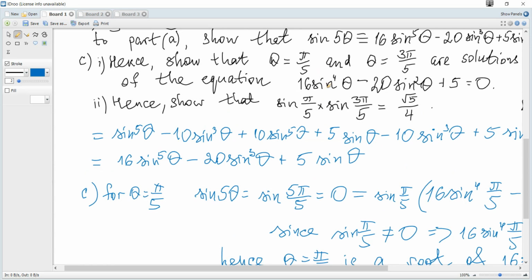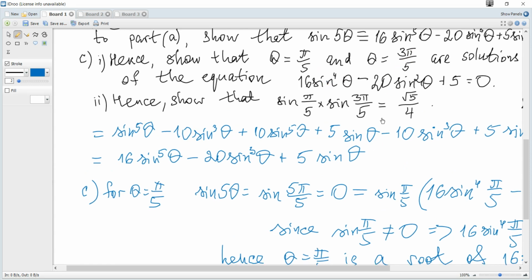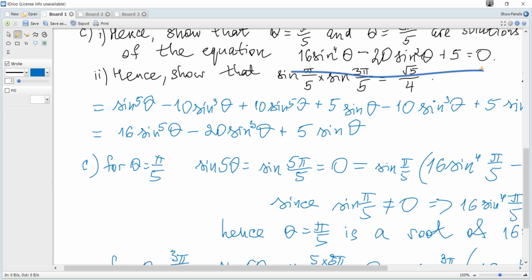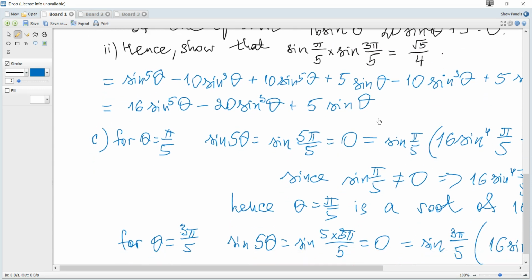Definitely, since pi over 5 and 3 pi over 5 are roots of this equation, they arise from this equation. So let's solve this equation, and then we'll see how our roots will be related to our values of theta. So how to solve such an equation? We do substitution.